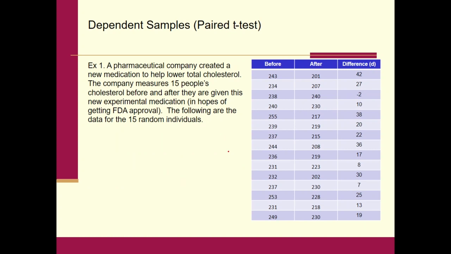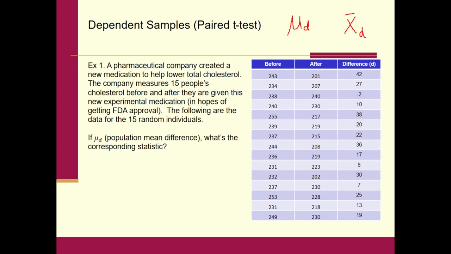Okay, let's move on. So if mu sub d is the population mean difference, and that is the parameter, what's the corresponding statistic? Well, when we were testing mu, what was our corresponding statistic that came from the sample? That was x bar, right? But we don't have the x's anymore. We have the d's, and so we have mu sub d, and then we have x bar sub d.